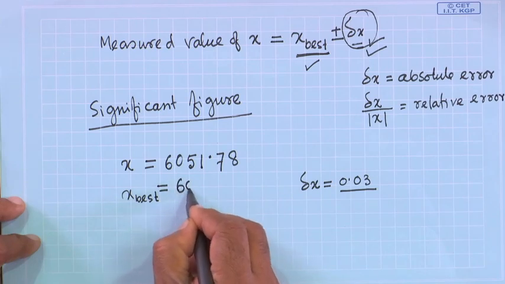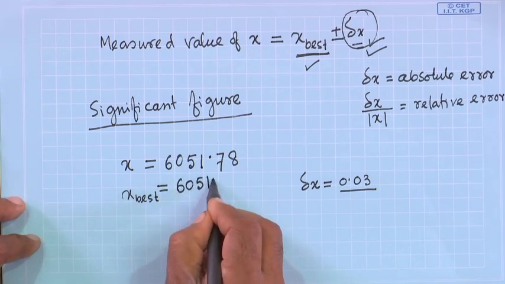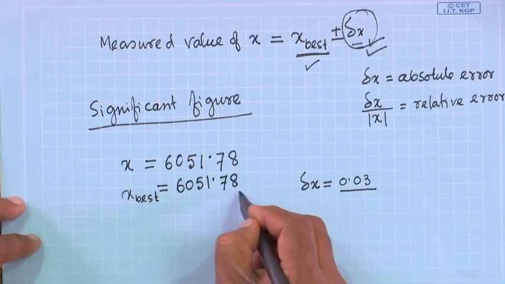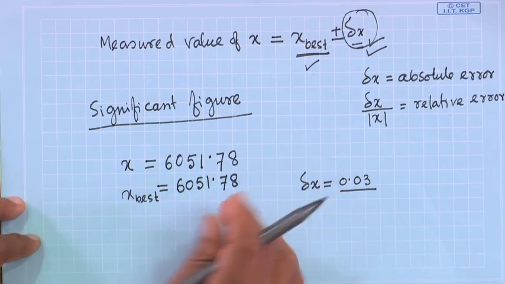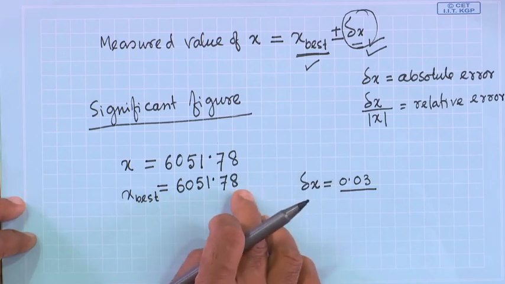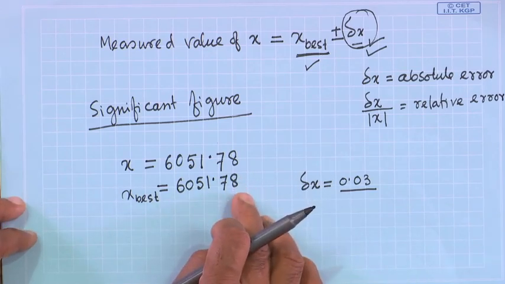Okay. So, this I will write as the result 6051.780. If I put 0, the value is the same, but I cannot put 0 as a third digit, because then I am claiming the accuracy up to the third digit. If I put the 0 here, this 0 is a significant digit.